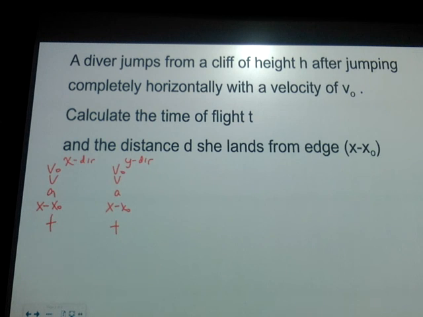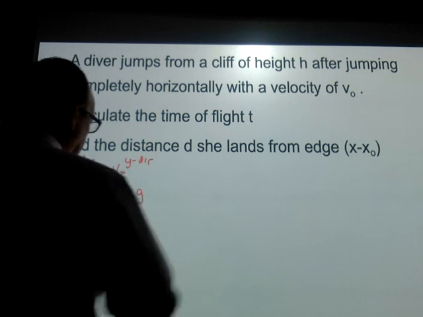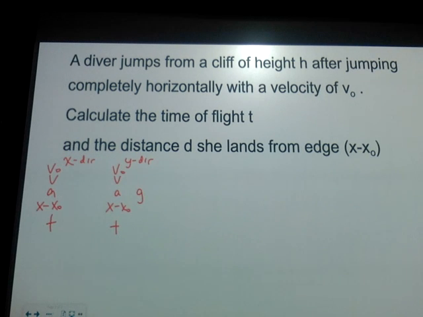Now in a problem like this, even though you know that the acceleration is -10, you're going to want to just leave it as little g. So that's our constant. We don't want to add any extra numbers into our equations that we don't have to. Anything else we know?